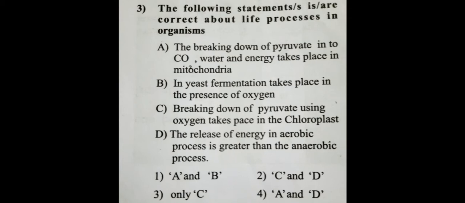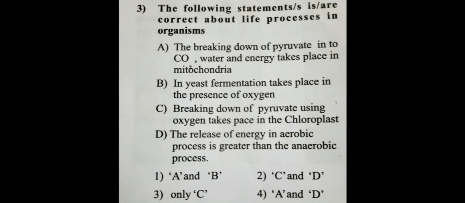D. The release of energy in the aerobic process is greater than the anaerobic process. Now, which would you like to answer? First, you identify the correct statements among A, B, C, D, and then you go for opting the options.